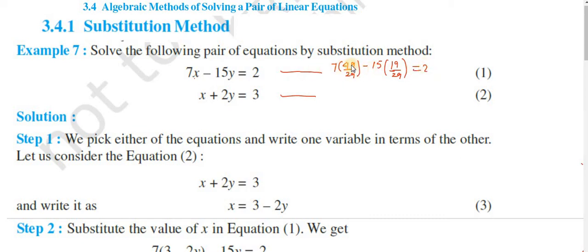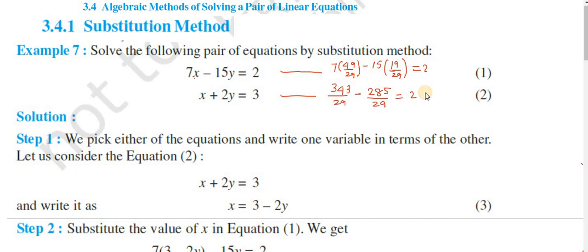So simplify. 49 into 7 is 343. So 343 divided by 29 minus 15 into 19, that is 285, divided by 29 is equal to 2.